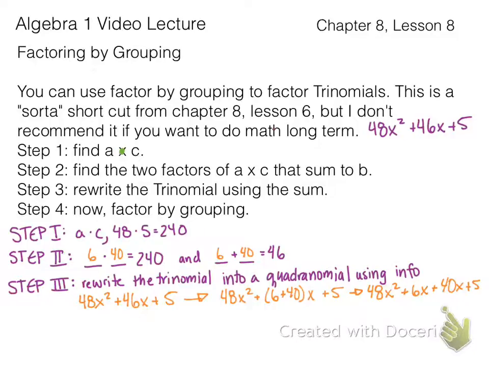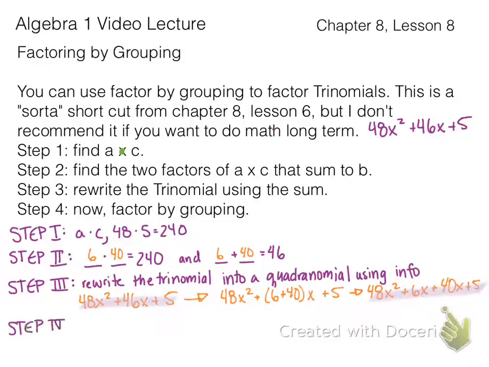So that can kind of give you a hint. The thing is that if you go through all this factoring once you've passed step 3, and you're not getting your repeat binomial, that means you have the two terms that you're multiplying by to get the center term switched, okay? And I'll talk about that in just a second. So I've now officially turned a trinomial into a quadrinomial, all right?